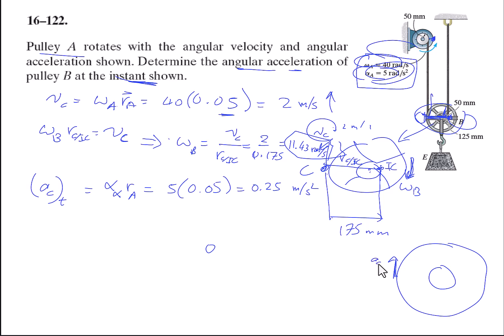So A C tangential, and you have this is 0.125, and with this 5, this is 0.175, and this is 0.05, and also you have the angular acceleration of B, and you have an angular velocity of B that we just calculated, 11 point whatever.